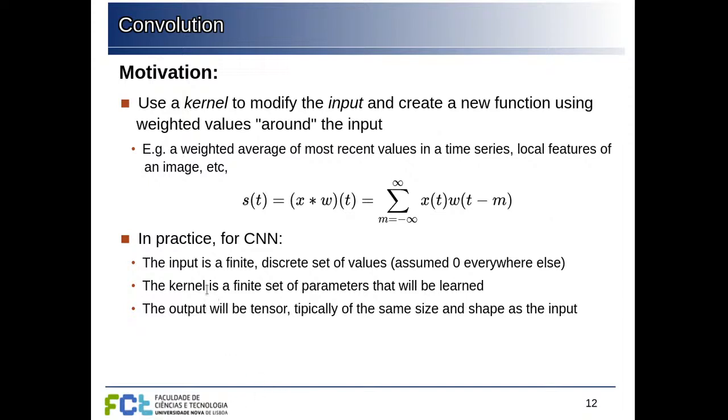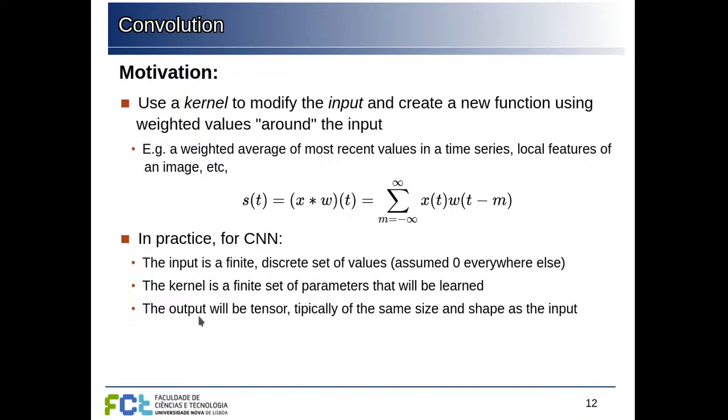These parameters are a small set of parameters that will be learned in the network. So this kernel is actually like a neuron that is being trained, and during training the neural network will find the best set of parameters to identify useful patterns to minimize the loss function, for example, to classify the image.